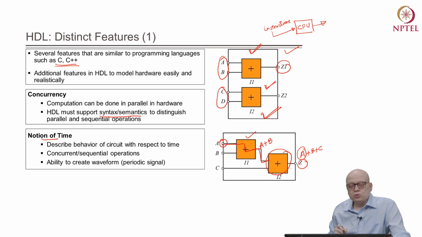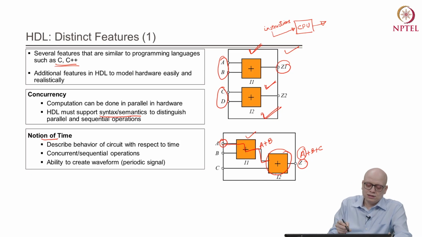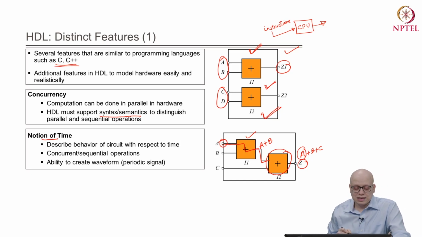We need to describe the behavior of the system with respect to time. There may be delays in the signals, and those kinds of things we need to model or capture in the hardware description languages. And of course, the notion of concurrency and sequential operations requires some notion of time also.